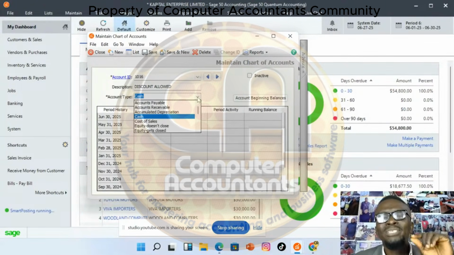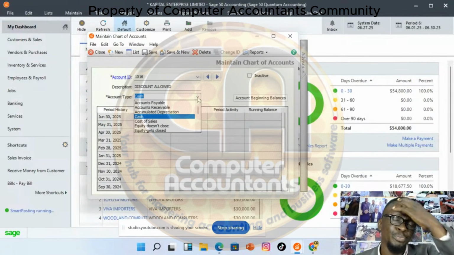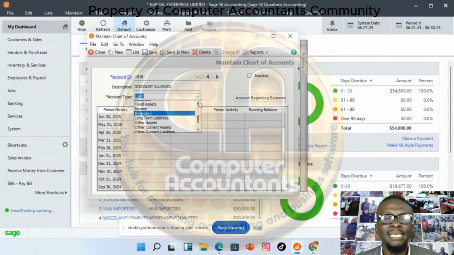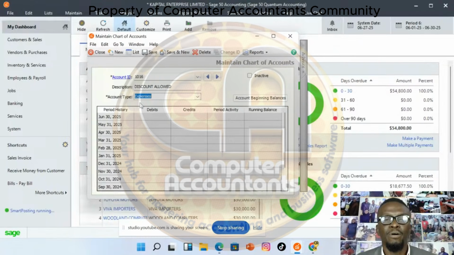When we allow discount to customers, we are losing, so the provision will end up as an expense. We expense this money. Then save and new.